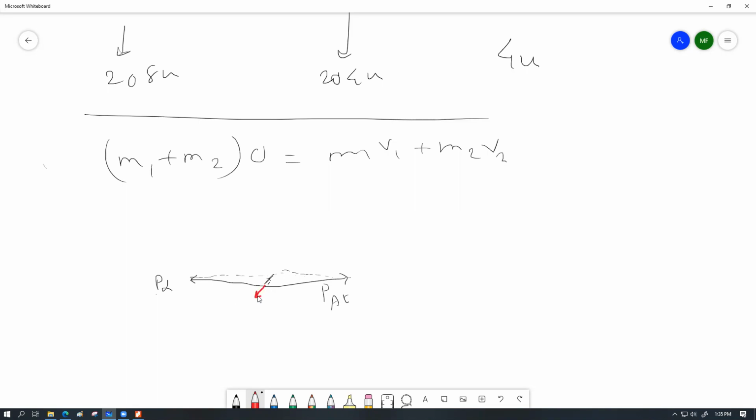To have a total momentum of zero after the decay, this particle has to make some angle with the direction of the alpha particle, so that you can make a resultant of these two. So if you make a resultant of the alpha particle and of the unknown particle, I'm going to label this as p unknown, the momentum of the unknown.